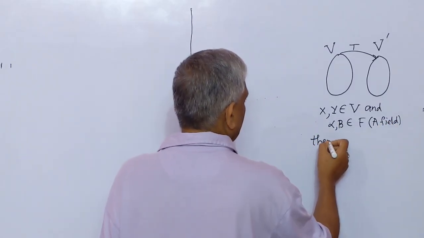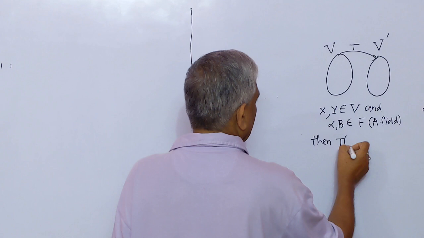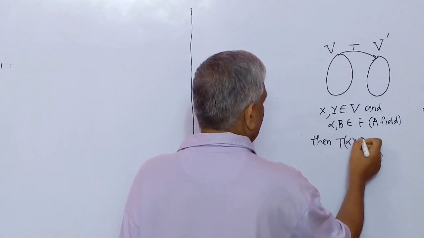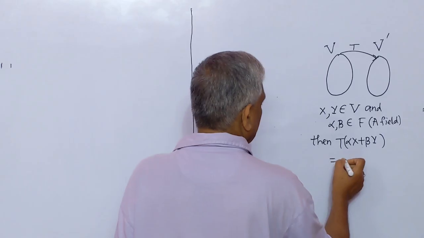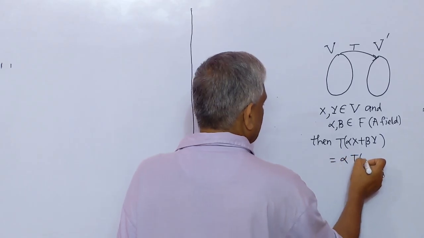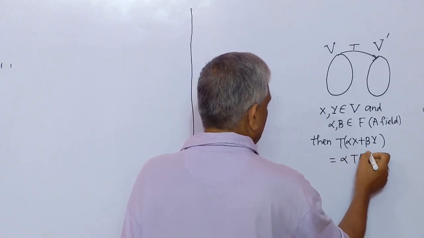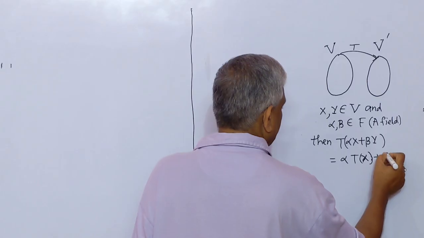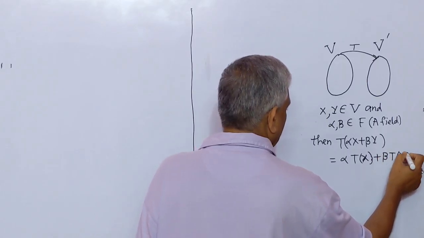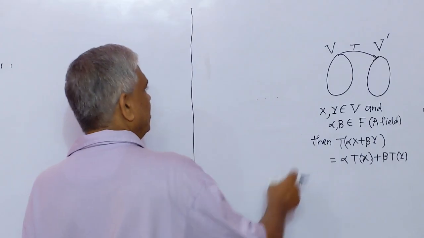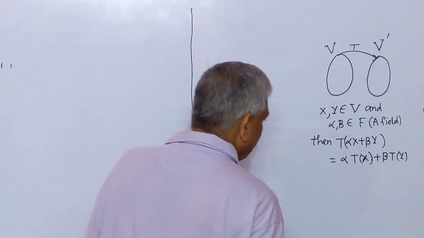Then T(alpha X plus beta Y) equals alpha T(x) plus beta T(y). Then T is called a linear transformation.